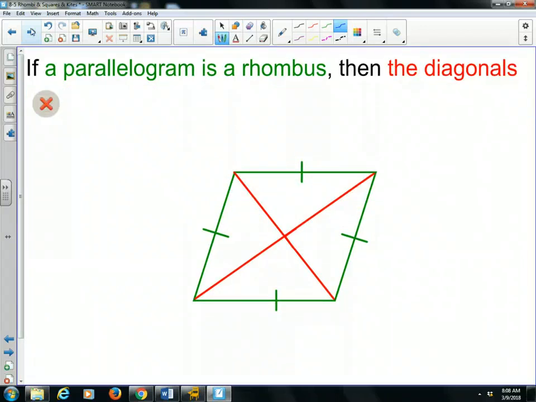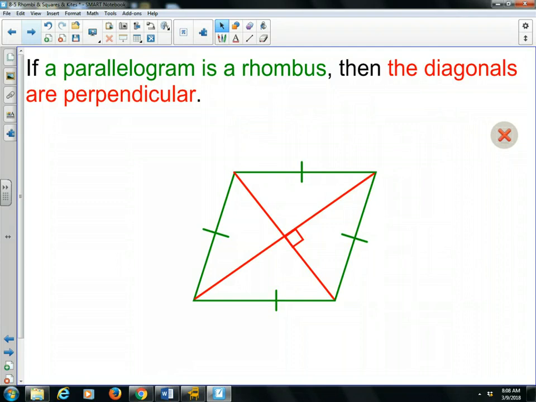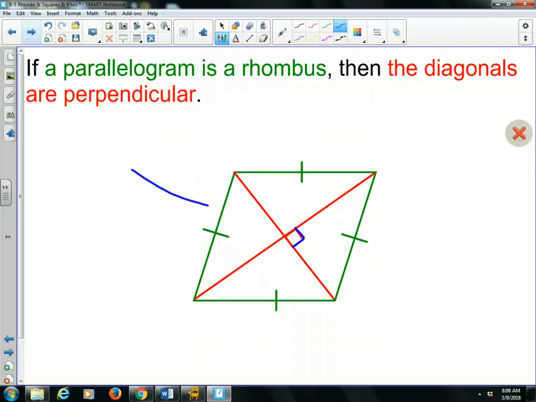And not only are they angle bisectors, I'm on to a different property. The diagonals are also perpendicular. So when they intersect, their intersection is a 90-degree angle, as you can see right here. This is an important part of a rhombus, because if I want to prove if something is a rhombus, I could find the slope of this line. Let's say the slope of that one is down 2 over 3.